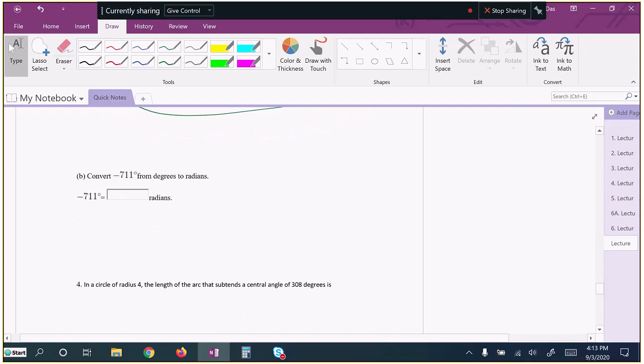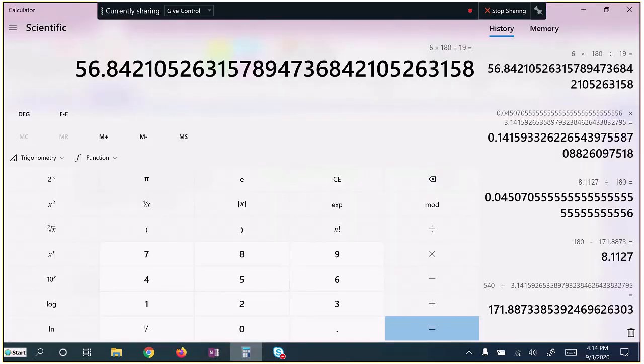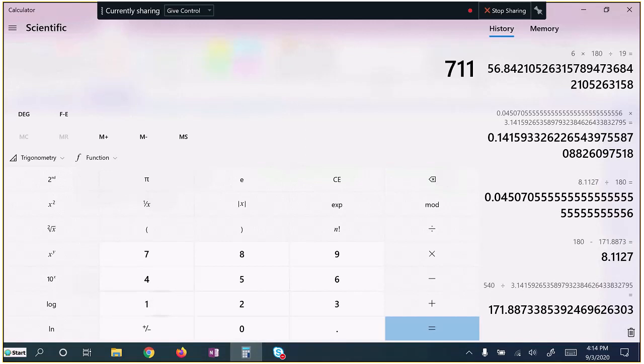It goes in this box. We're going to change the degrees to radians. So remember, this is the negative one. So minus 711 degree, changing it to radians should multiply by pi over 180. So let's go ahead and do it and round it to 4 decimal places. So 711, and this is a negative degree.